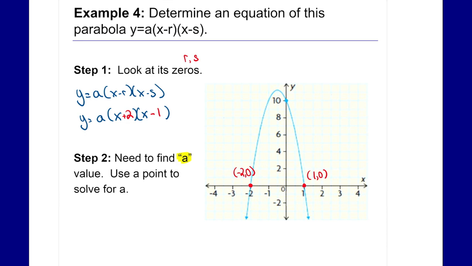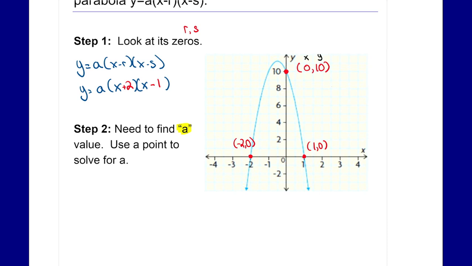The other piece of information is we are given one other nice point. We are given the y-intercept here. We are given a y-intercept of 0 and 10. And now this point gives us an x and a y coordinate.